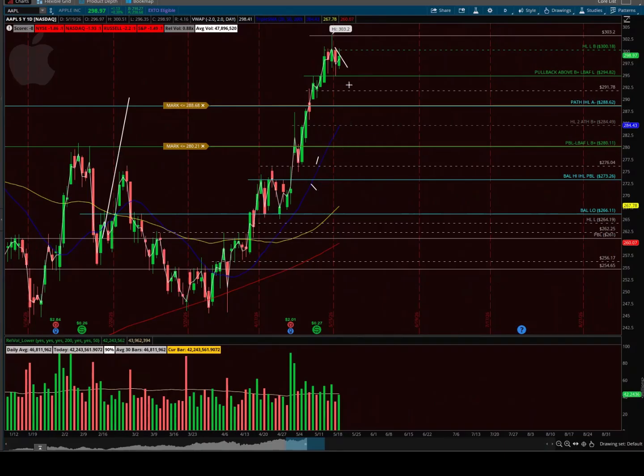So, if we do pull back, we're looking for some type of reversal pattern to go back long and target equal all-time highs, right? And I'll also note that yes, on the hourly chart we do have that threat of a pattern, but if we look over here on the daily chart, what do you see other than a bull flag, right?